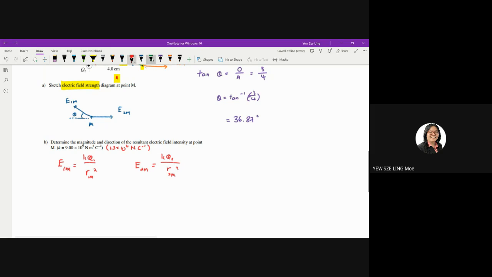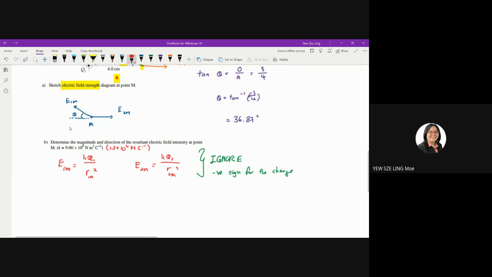Now remember, when it comes to using the equation for force and electric field, you ignore the negative sign in your calculation. Ignore the negative sign for the charge. Even though Q1 is a negative charge, you just plug in the positive value, without the negative sign.